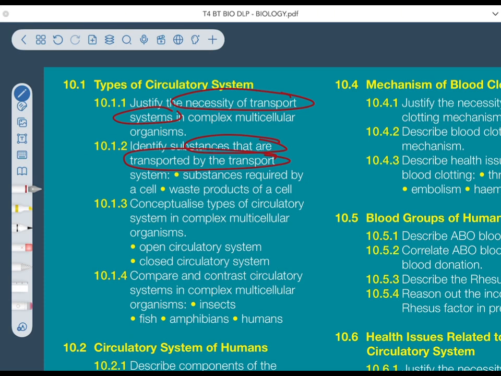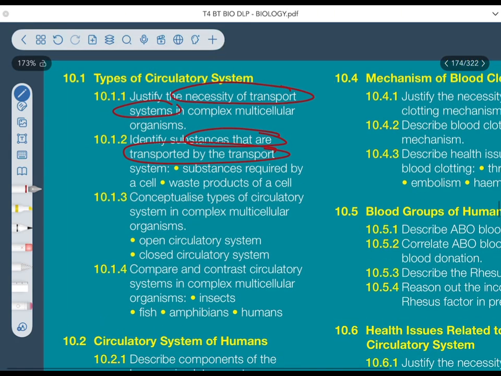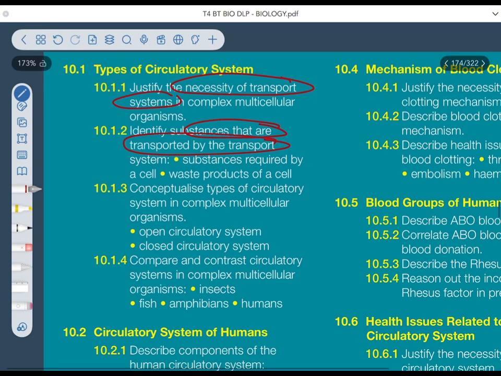We need to get these waste products out of our body so that our survival is maintained. These systems are very important for organism survival.